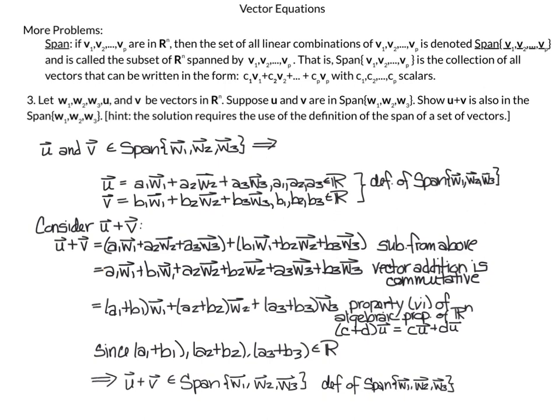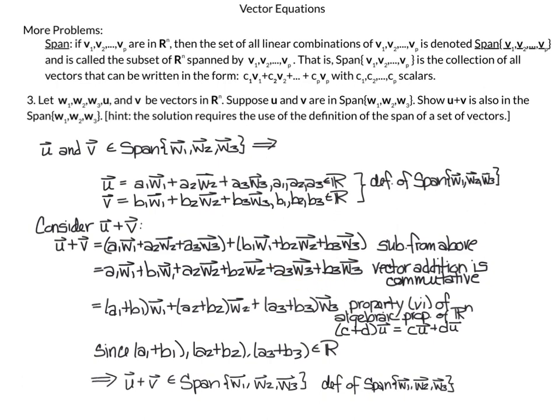Then this is equal to, now A1 W1 is a vector, A2 W2 is a vector, A3 W3 is a vector, B1 W1 is a vector, B2 W2 is a vector, and B3 W3 is a vector. And since vector addition is both associative as well as commutative, I can rearrange these terms. So I can rearrange A1 W1 to be next to B1 W1, A2 W2 next to B2 W2, and A3 W3 next to B3 W3.